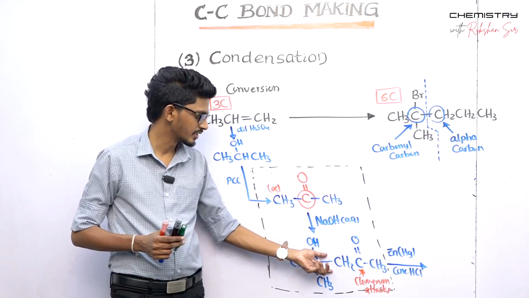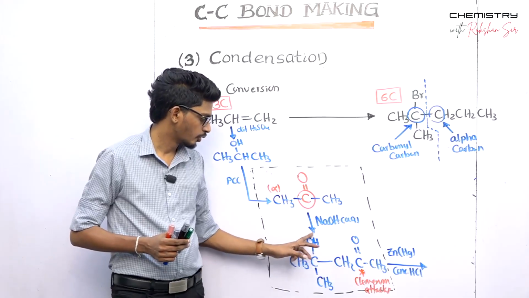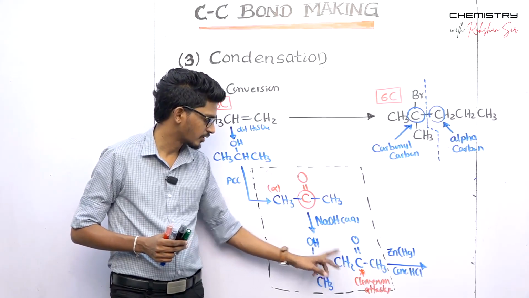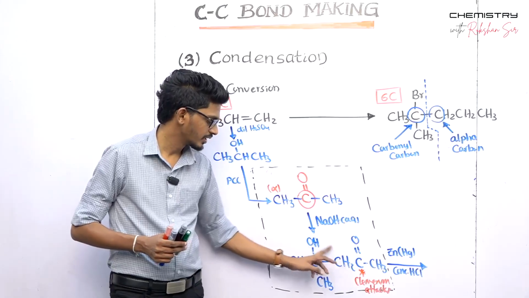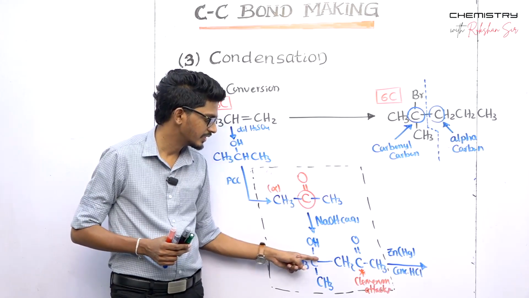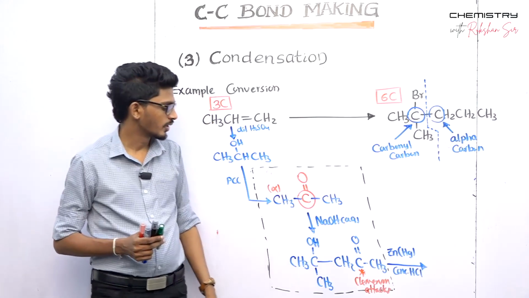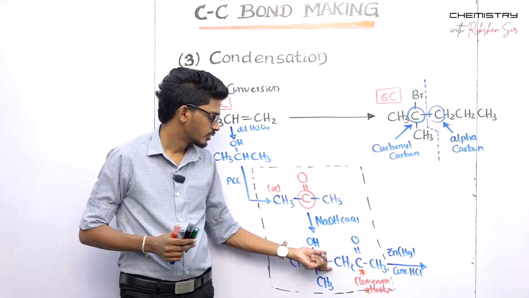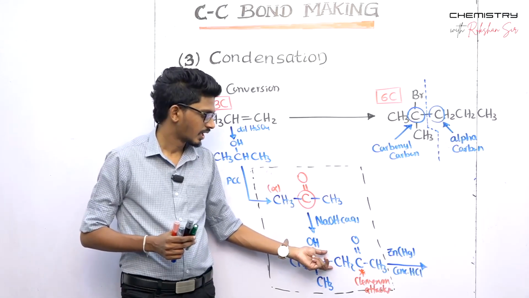What is the special situation? When you add some acid and heat, this OH will leave with one of the hydrogens here, giving you a double bond. Basically, a dehydration occurs when you add some acid to an aldol product, a beta-hydroxy carbonyl product.